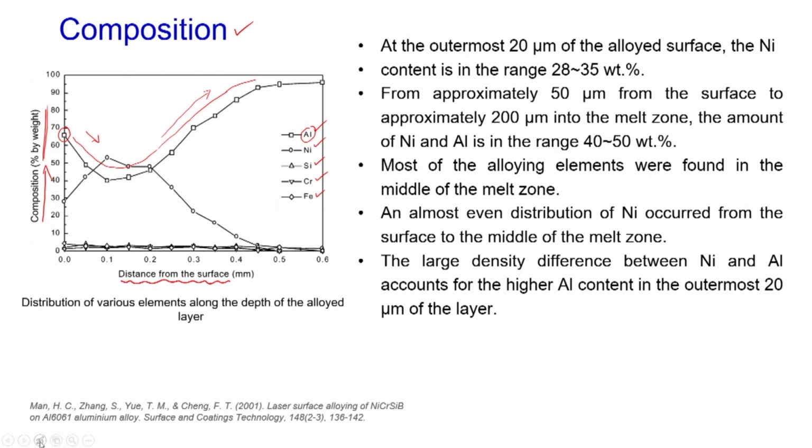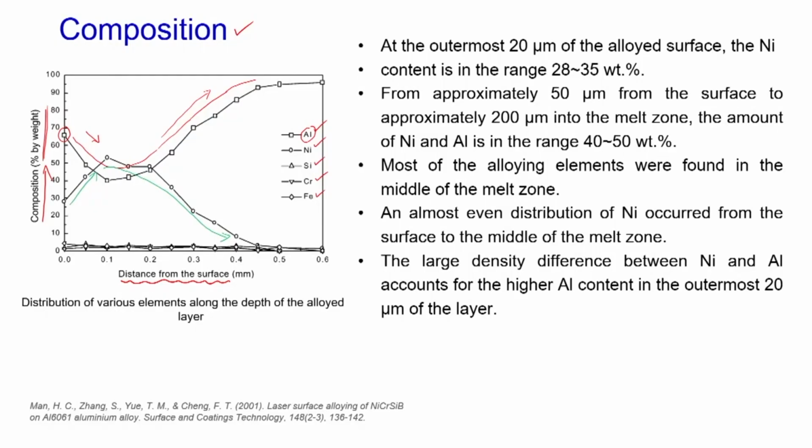Here you can see another graph, so this is the graph for nickel. It is very interesting to note here, as we move from the top surface along the thickness direction, there is increase in the percentage of nickel and then there is a decrease in that. So, at a certain location, exactly the middle of the deposited layer or the alloyed layer, there is more percentage of nickel than the aluminum.